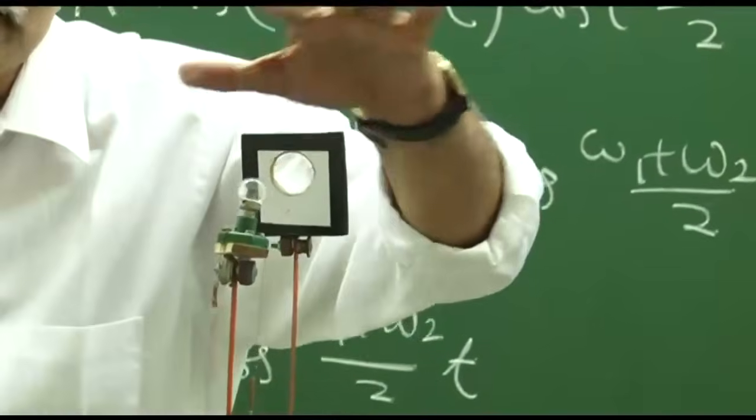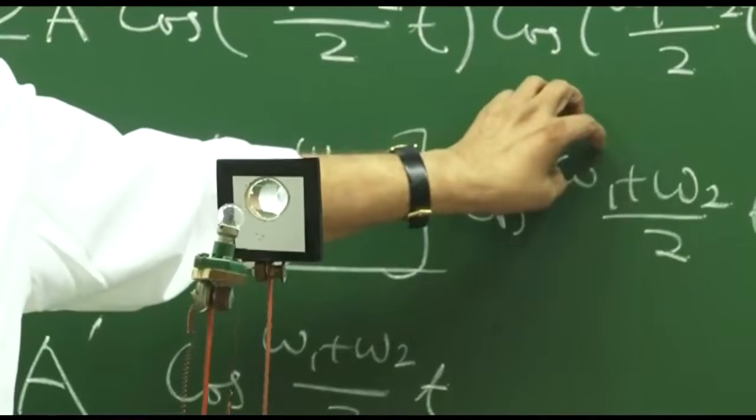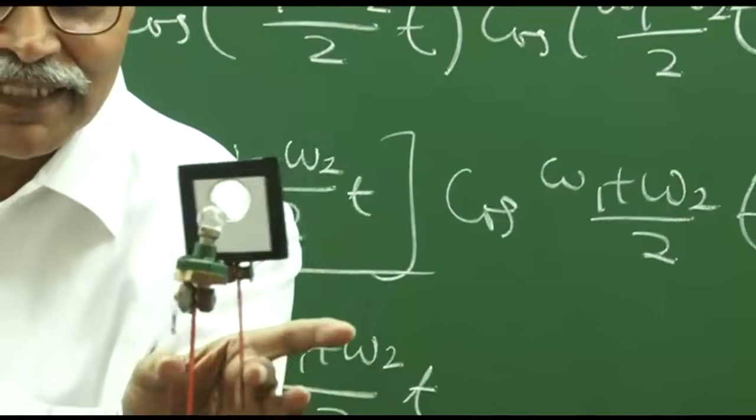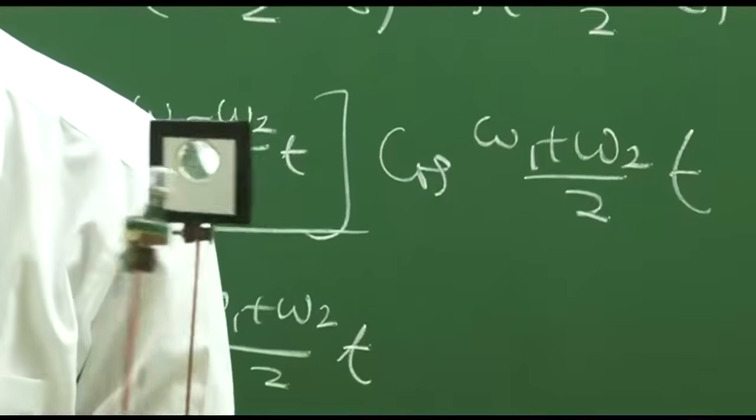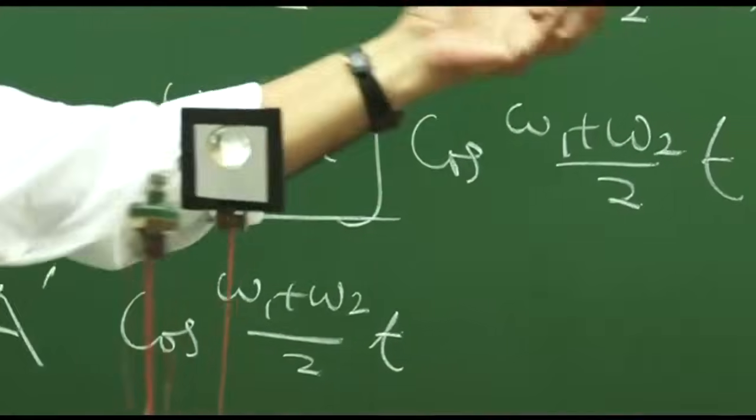If I oscillate both of them together, then this image will get oscillations which will have the frequency of the lens vibration as well as the frequency of the bulb vibration, and then you will enjoy how the amplitude of that image oscillation changes with time. Now you can see the image on the board. If I oscillate this lens, see the spot is oscillating with the frequency of this lens oscillation.